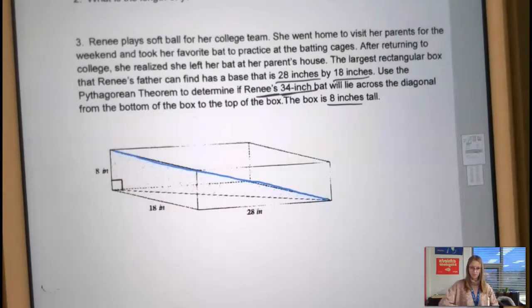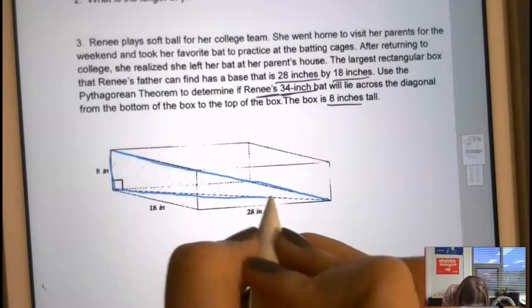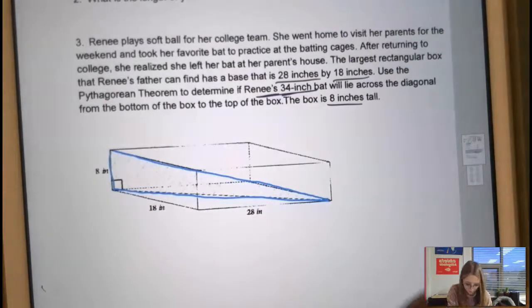Alright, so we got a picture of this box with the bat just laying diagonally in it, okay? So in order to find that first, we need to find that diagonal on the base, okay? So we can call that C for now.